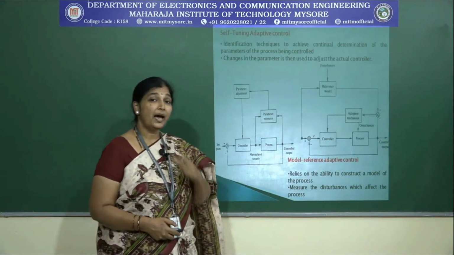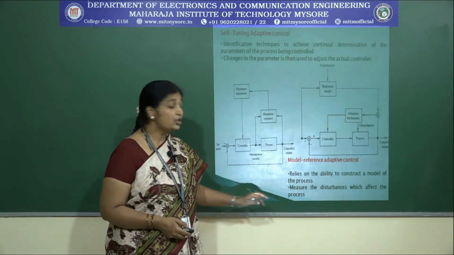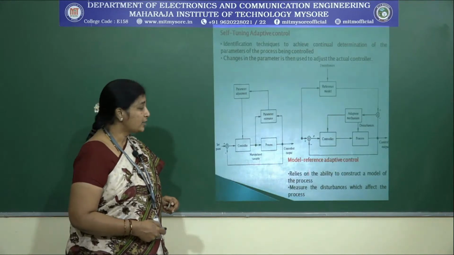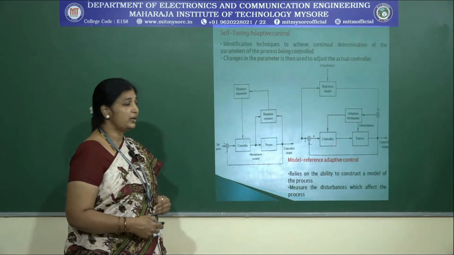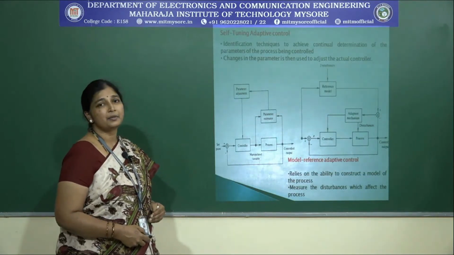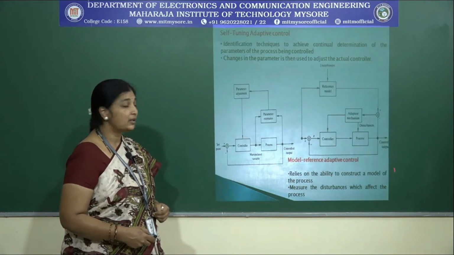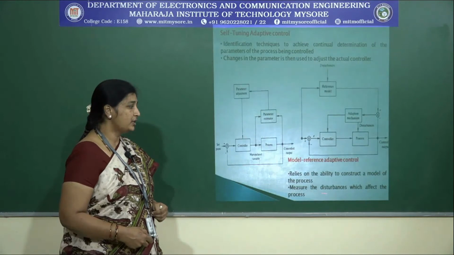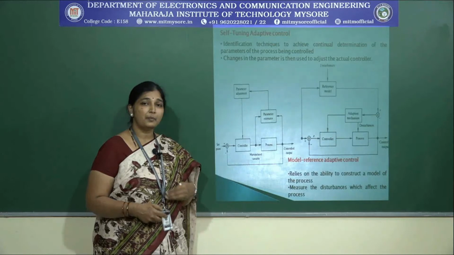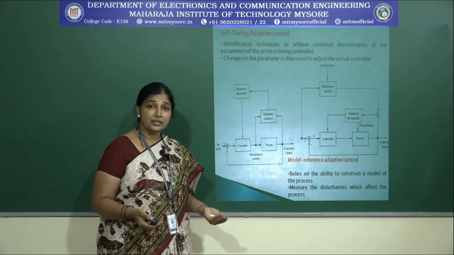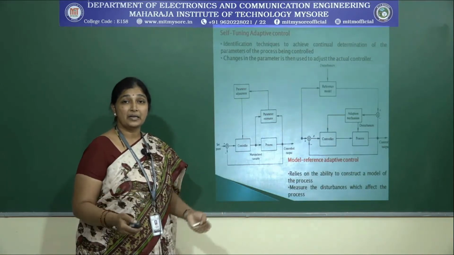So if you have a control system designed to become a reference, the reference based on which the entire plant is run, then you call it model reference adaptive control. It relies on the ability to construct a model of the process and measure the disturbances which affect the process. It measures whatever differences happen in the process, internal as well as external, and you set that up as a model.